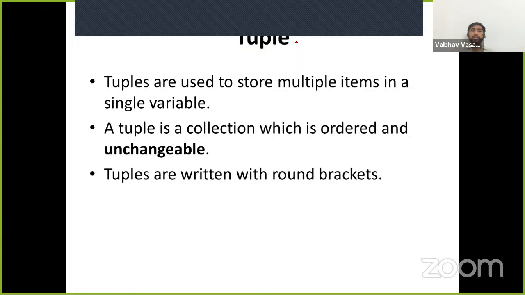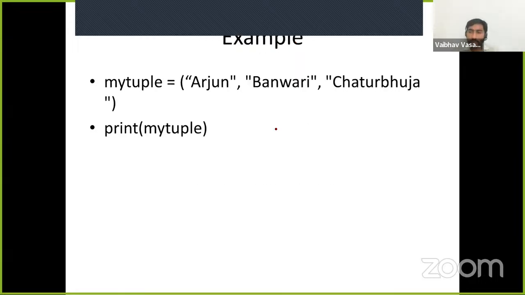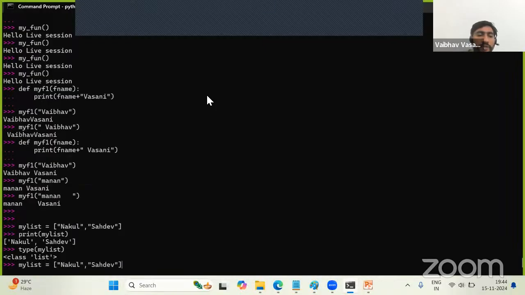Right? Tuples are written with a round bracket. Let's see, this is how we represent it with the round bracket. In my tuple I have used a round bracket, then Arjun, Banwari, Chaturbhuj. Now I will try to change it.